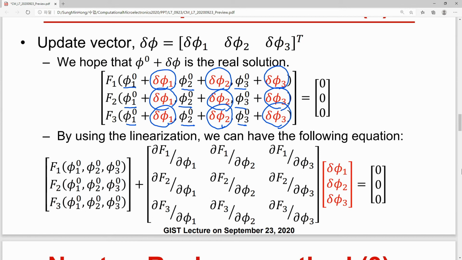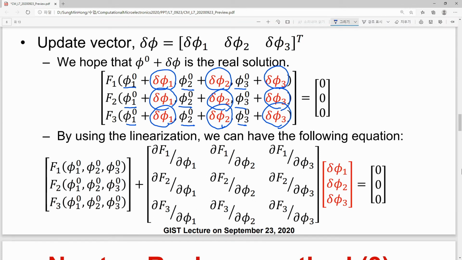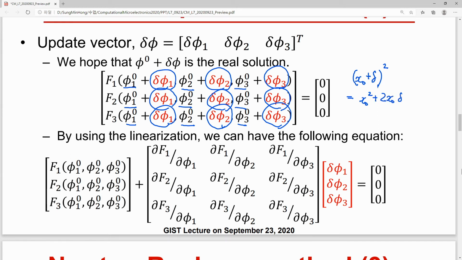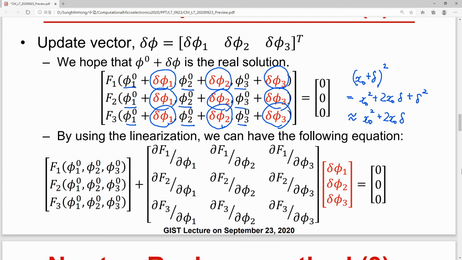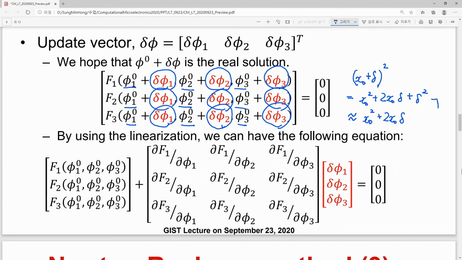Previously we had x naught plus delta squared, which is exactly x naught squared plus 2 x naught delta plus delta squared, and was approximated as x naught squared plus 2 times x naught delta. So we have introduced linearization.